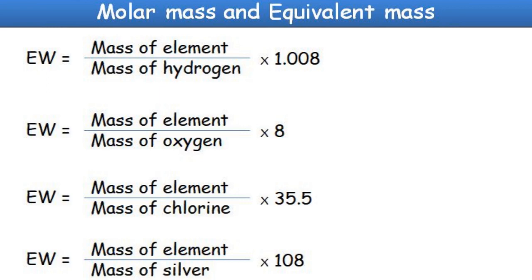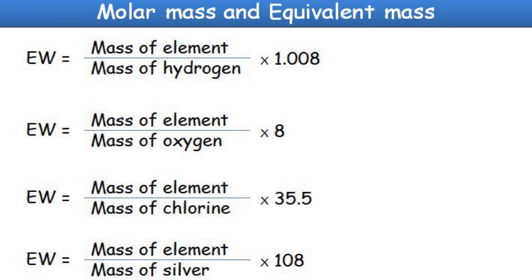Of course, I can show you how to get this formula. You can also do the same for oxygen: mass of element divided by mass of oxygen times 8, or for chlorine, mass of element divided by mass of chlorine times 35.5, or for silver, mass of element divided by mass of silver times 108. So basically they follow the same pattern.